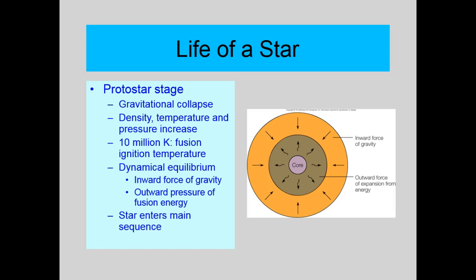And you have all this dynamical equilibrium going on. The inward force of gravity keeping things together. Outward force of those nuclear reactions in the core pushing things out. That's the star. And that's how a star lives. Constantly nuclear reactions blowing up in the core, gravity pulling things back in. Okay?